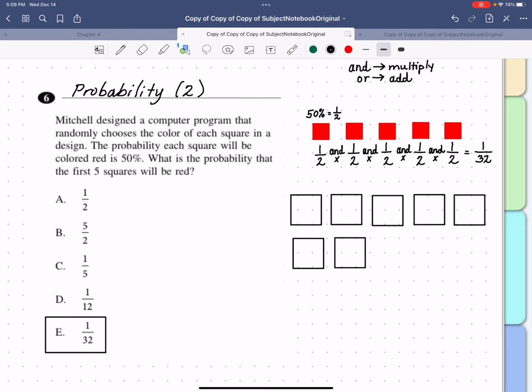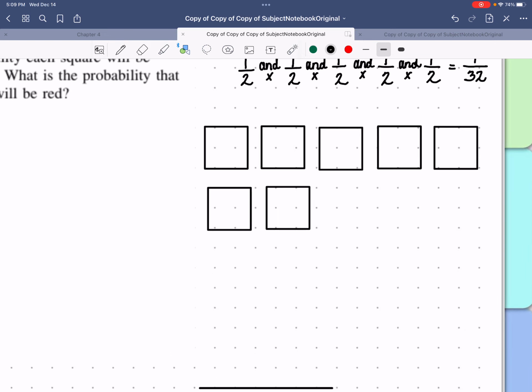You can also do this on the Casio calculator using these keystrokes. Your first key should always be all clear, and your last key should always be equals. So I'm going to put in the 1, the fraction key, and the 2.